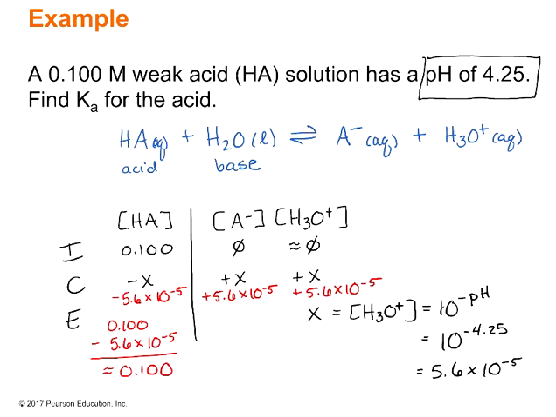And again, remember, this is a weak acid, so that kind of makes sense, right? Weak acids don't produce very many hydronium ions. And then the equilibrium concentration for the conjugate base is just 5.6 times 10 to the negative fifth. And then that would be the same for the hydronium ion, which we already calculated.